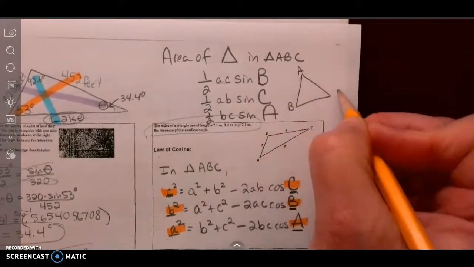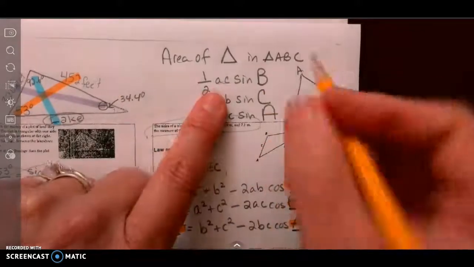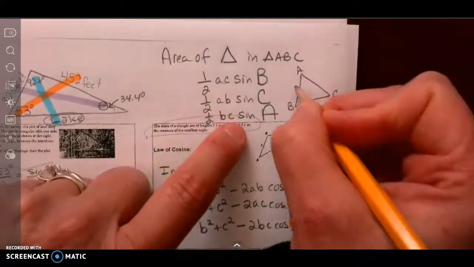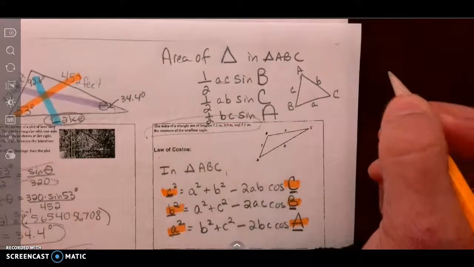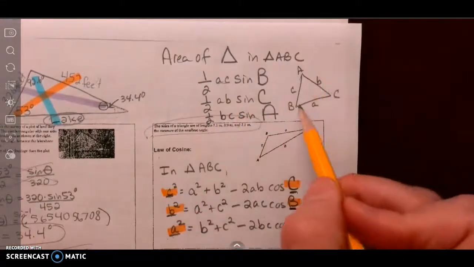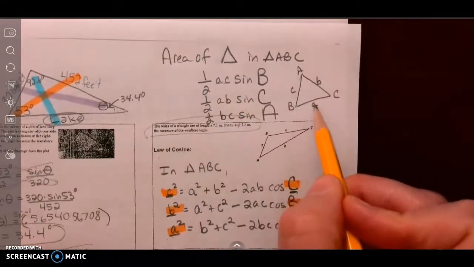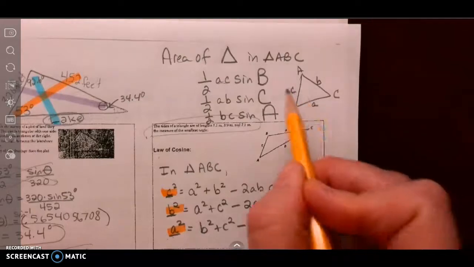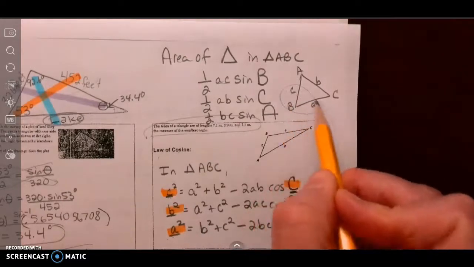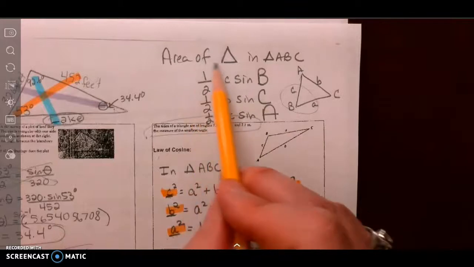A, B, C. So this is A, and then this would be C, and this would be B. It's if you know this angle here and the two sides that make it up.